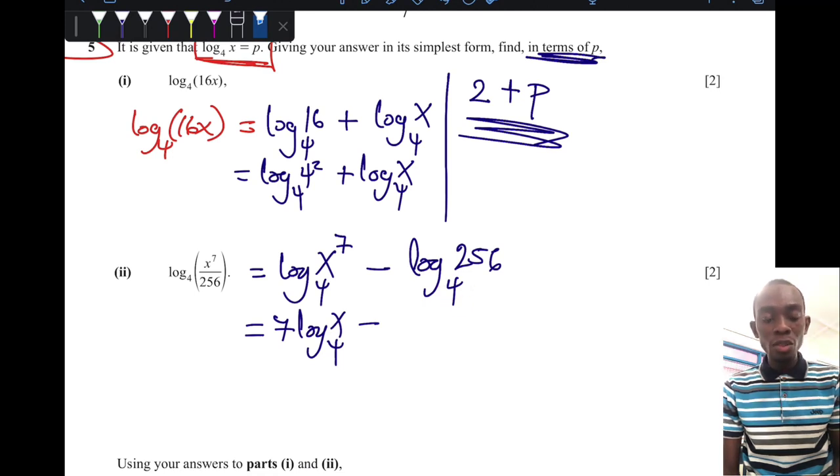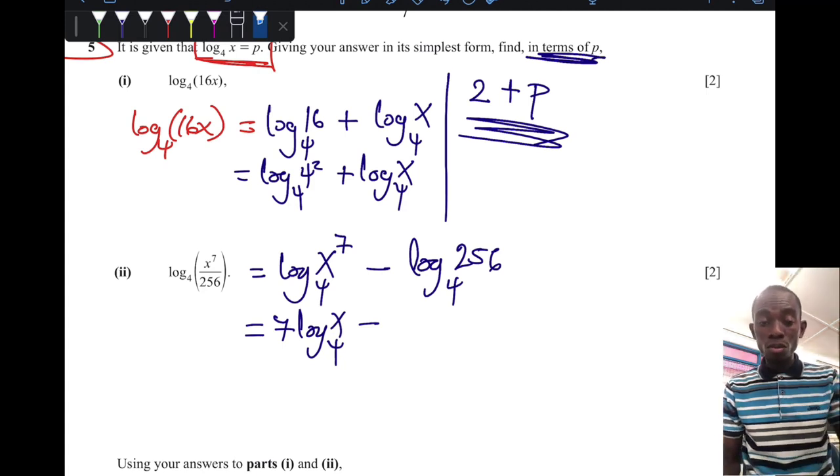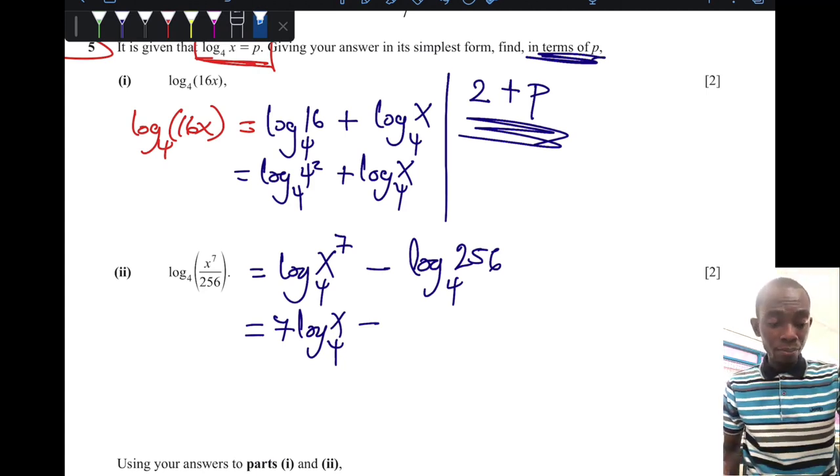So try to see 4 raised to the power what will give you 256. I do not know that off my head, so I will just put it on calculator. I'll try 4 raised to the power 4. Yeah, 4 raised to the power 4. It is because I know 4 raised to the power 3 is about what? 80 something? I don't know. Let me check it out. Yeah, 64. So 4 raised to the power 4 is 256.